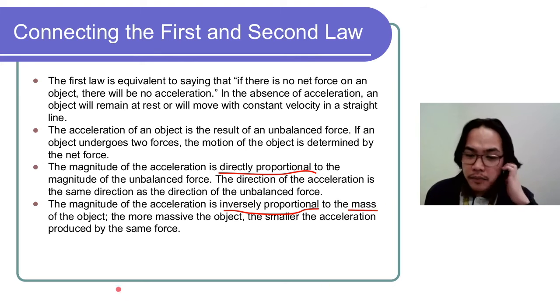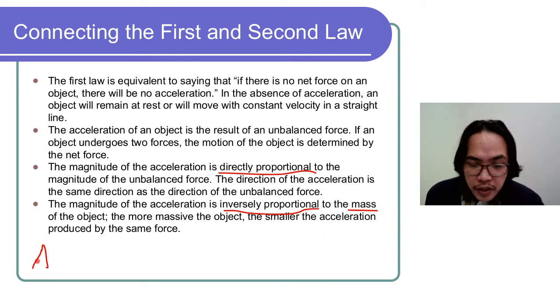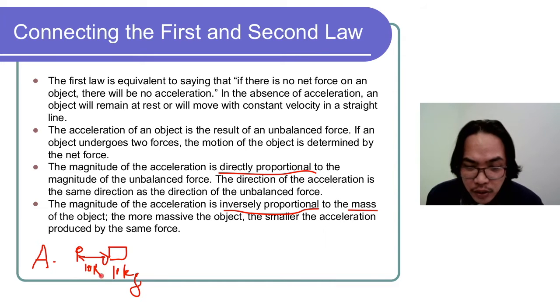For example, let's draw a scenario here. Let's say there's a box and your box has, let's say, weight. This one weighs 10 kilograms. And then you push it, so you apply a force. Let's say you applied a force of 10 Newtons.